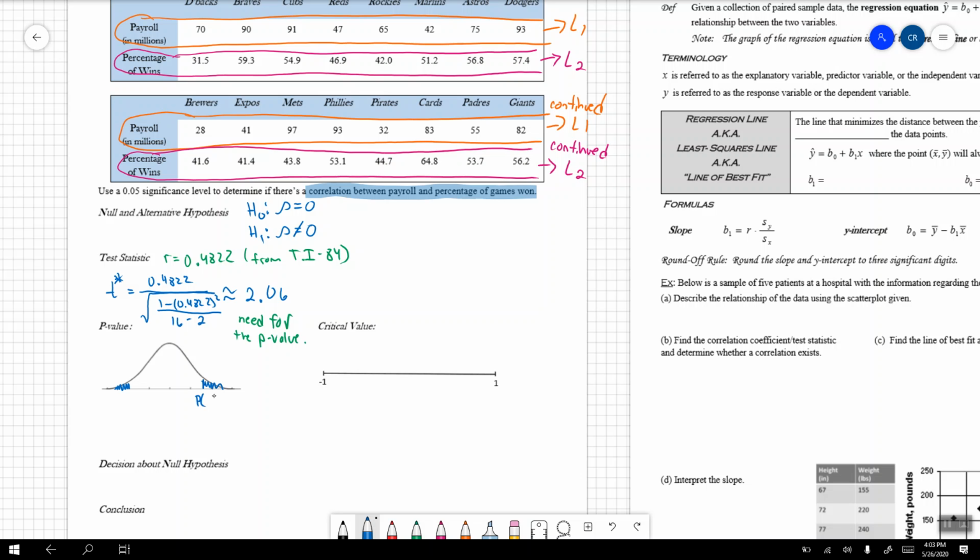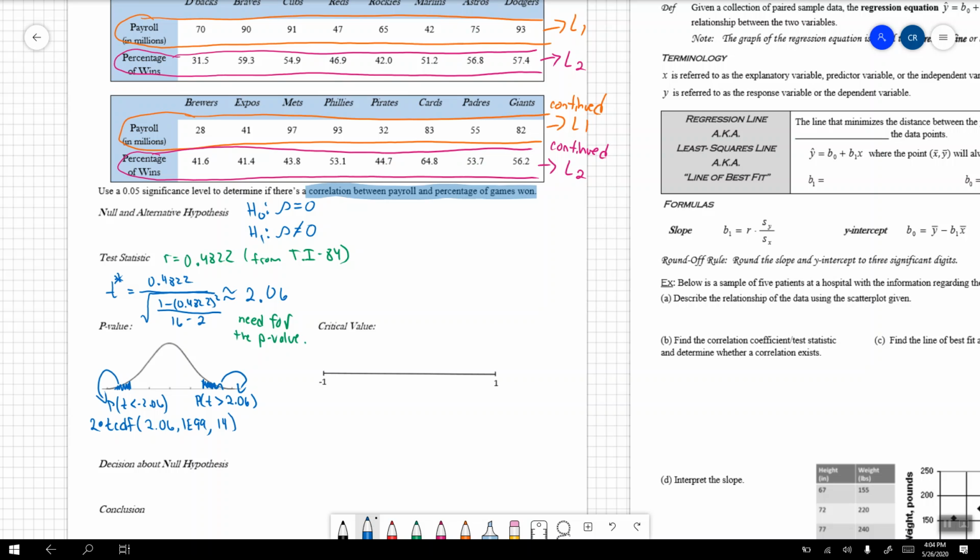So I need to find the probability that t is greater than this value, 2.06, and that's going to be this shaded region, which means that my p-value is going to be less than my t-value for negative 2.06. But again, since we're working with two regions, we're going to do 2 times TCDF. And I'm just going to use the top part here. So the top value, that's 2.06, 1E99, and my degrees of freedom, which are going to be 14.